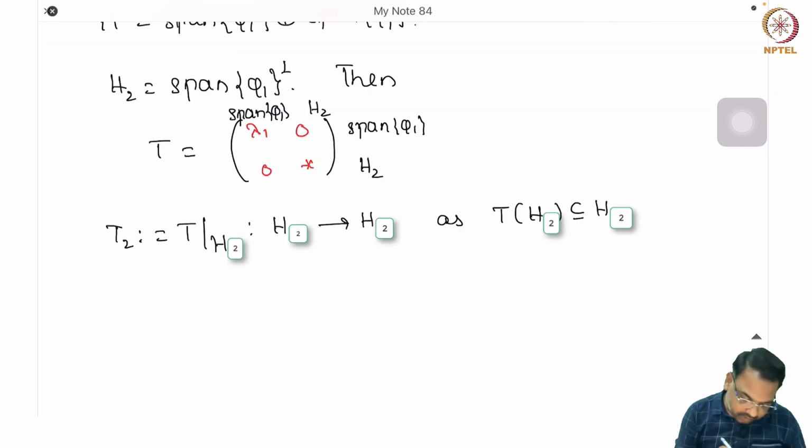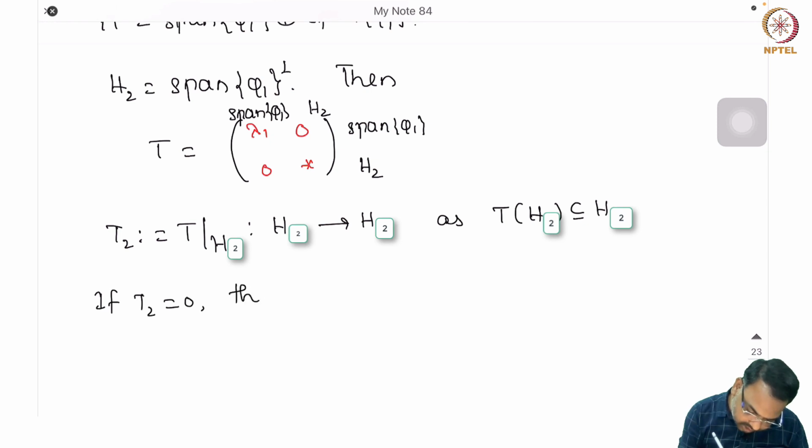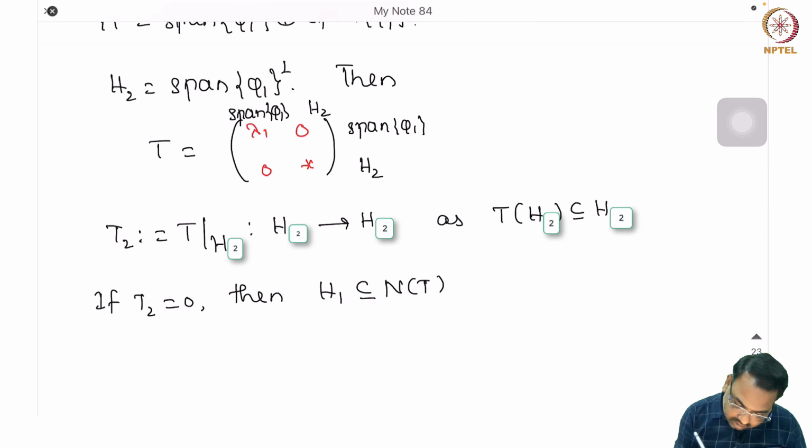Okay. If T2 is 0, then we can say that T restricted to H2 is 0, then H2 is part of the null space of T, or we can say that null space of T perp, that is range of T closure, is part of span phi 1.